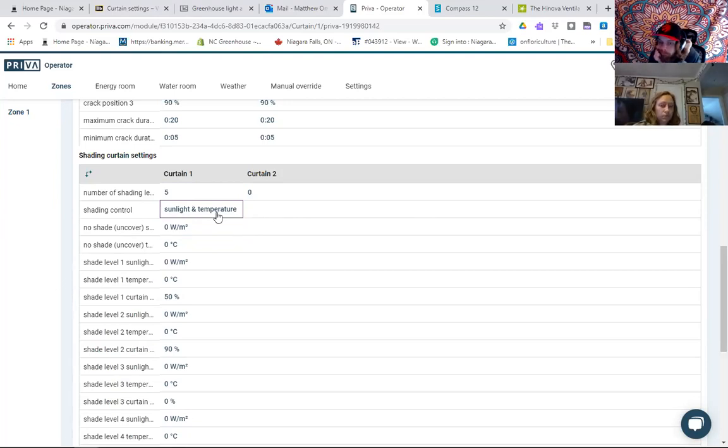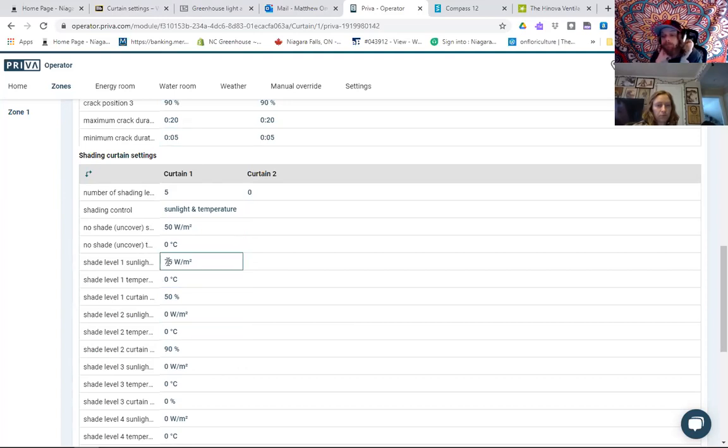So if we have sunlight and temperature to control the curtains, then the sunlight levels have to be at a certain point for the curtains to start covering, right? Say you want the curtains to cover right when the sun comes out, so 50 watts per meter squared. From 0 to 50, there'll be no shade, so the curtains will be completely open. At level 1, you can have this set for, I don't know, 75.